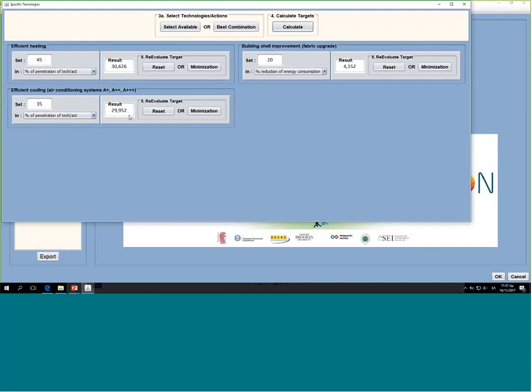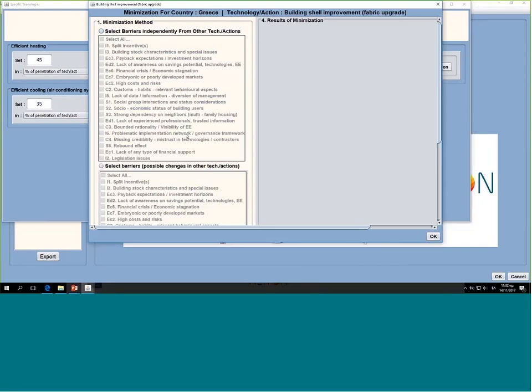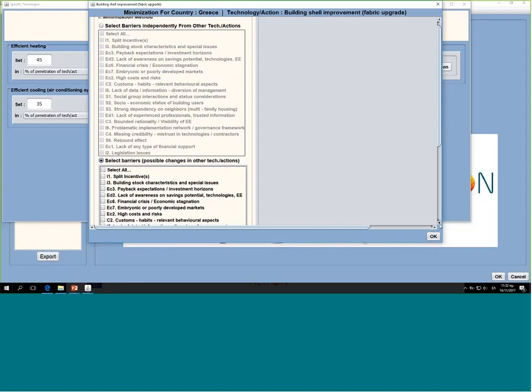Now, if the user wants to minimize and selects that the priority technology out of these 3 is the building cell improvement, it can open this one, and the user can minimize barriers that affect the other 2 technologies as well.